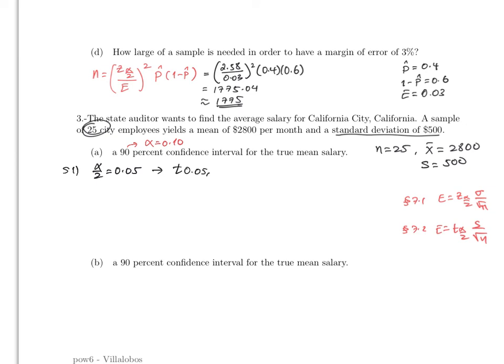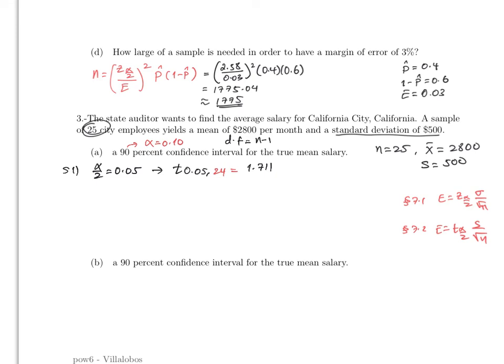How many degrees of freedom will be here? Remember, it's n minus 1. So n is 25, so the degrees of freedom is 24. How much is this from the table, anybody? It's 1.711. Yes, that's right.